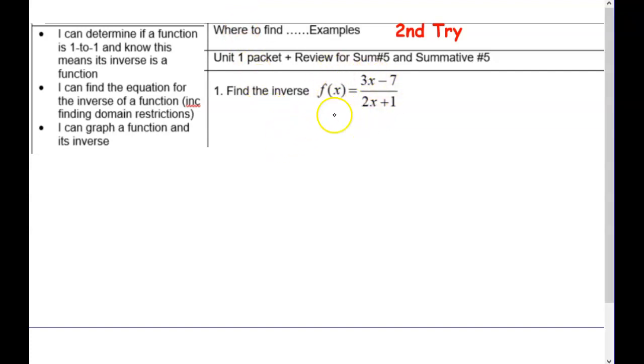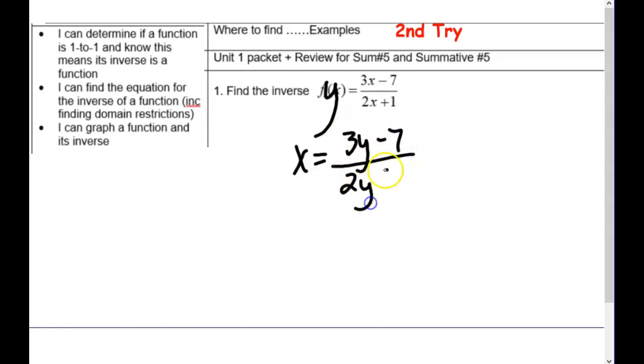Anybody help me? How do you find an inverse? This is really y, so you do what? Switch x and y. And then kind of think of it as cross multiplying, at least that's how I think of it.